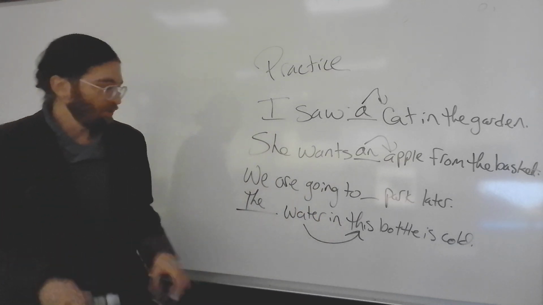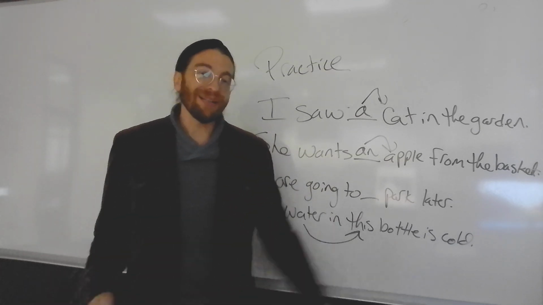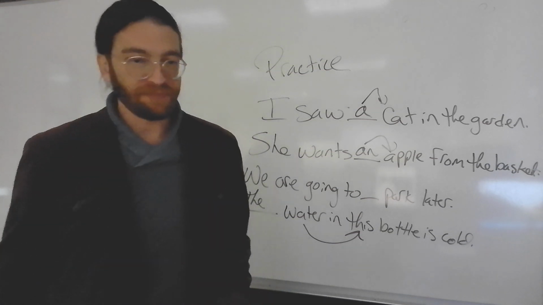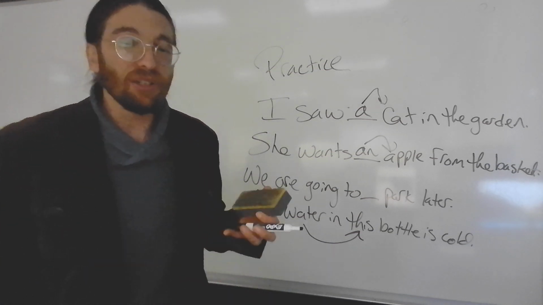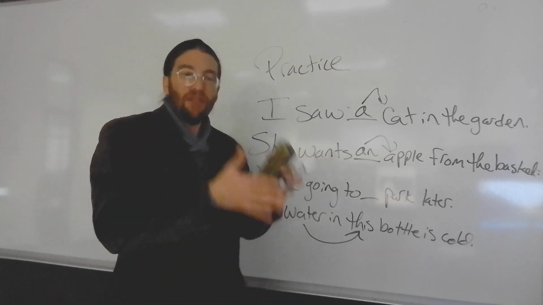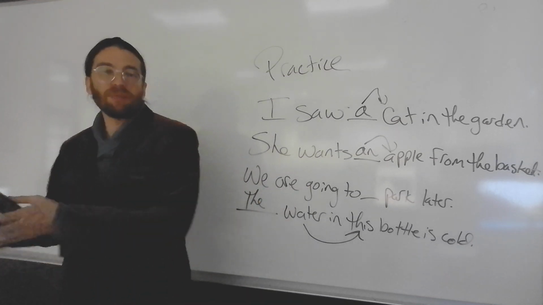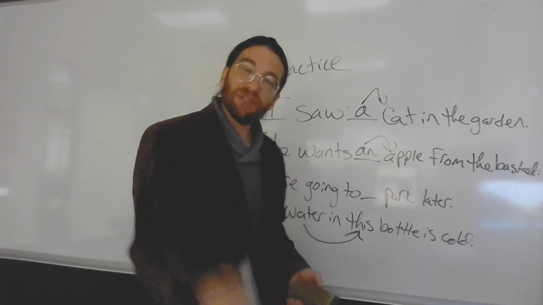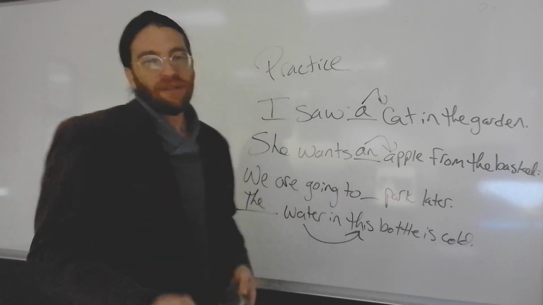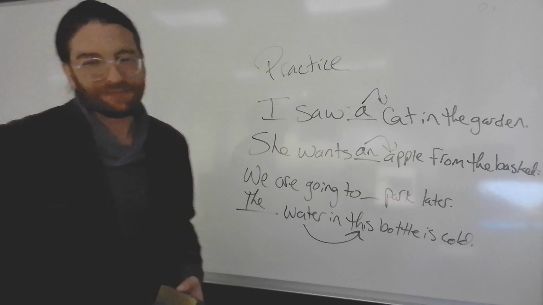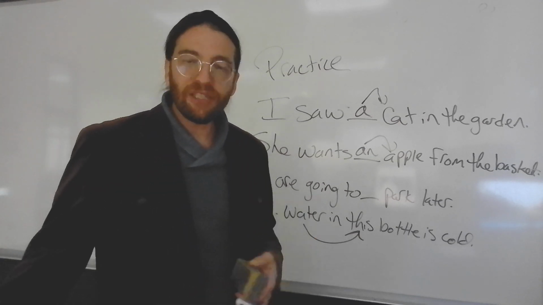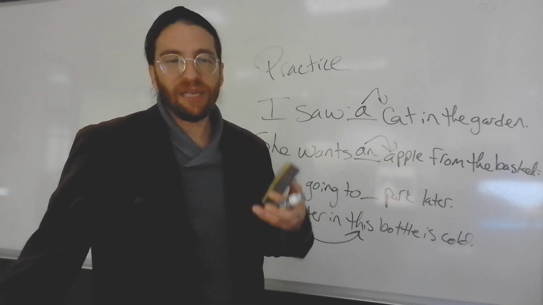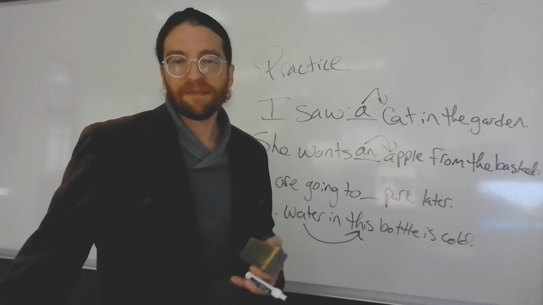But if you're being specific about water in a bottle, and you're commenting on it, you're saying this water in this bottle. You're being definite and you're counting it. So that one is a little bit tricky. All right. Very good job. You are doing a great job at learning.